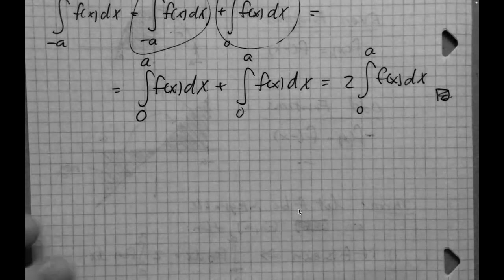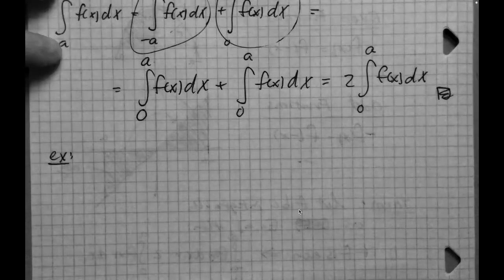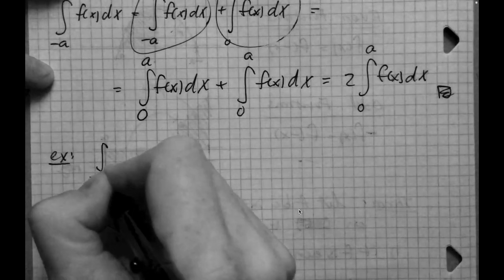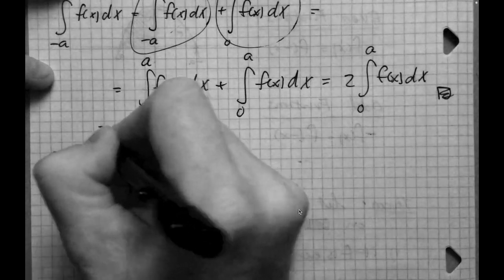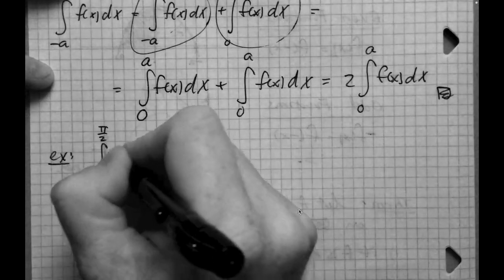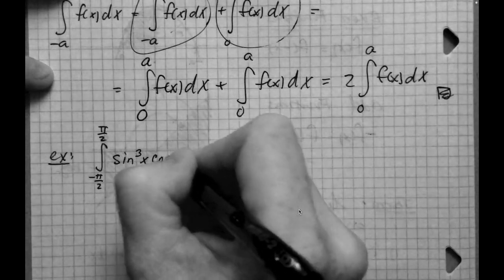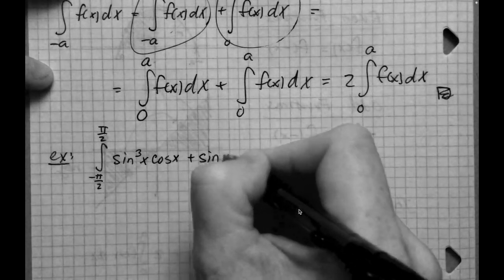It's a good idea. Let's do an example here using this even-odd theorem. So definite integral from negative pi over 2 up to pi over 2 of this mess, sine cubed x cos x plus sine x cos x.